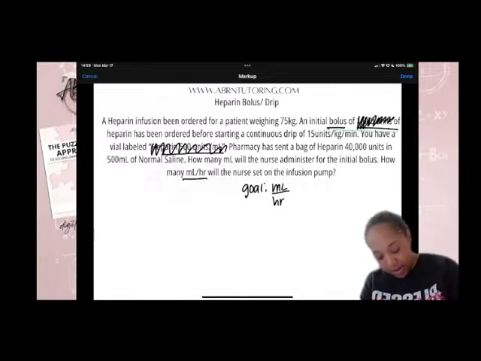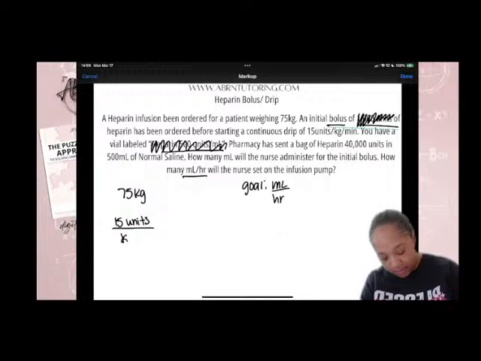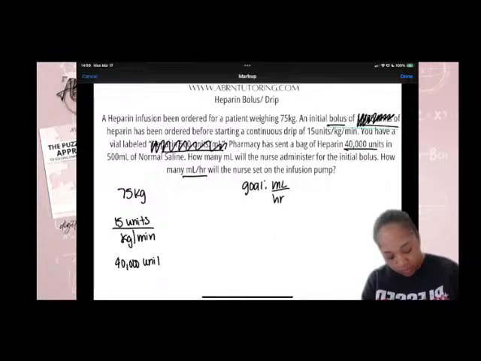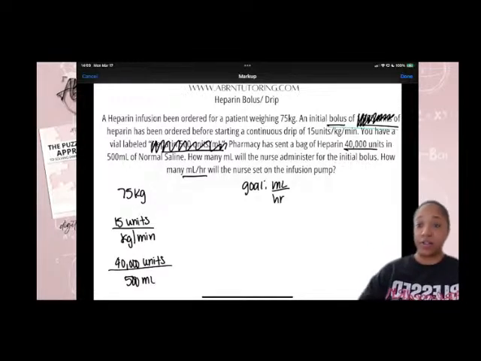So we've got our patient's weight is 75 kilograms. The order is 15 units per kilogram per minute. And then we have 40,000 units in 500 mLs.